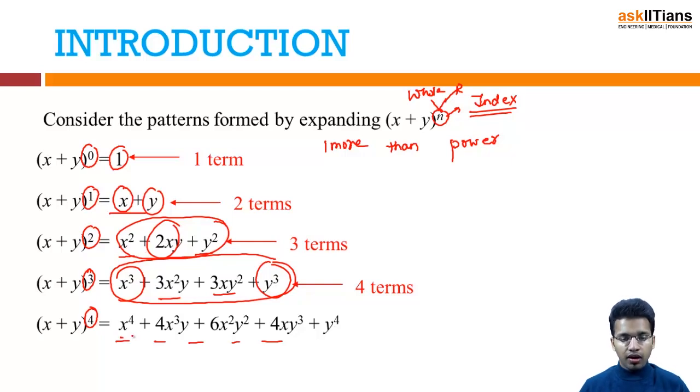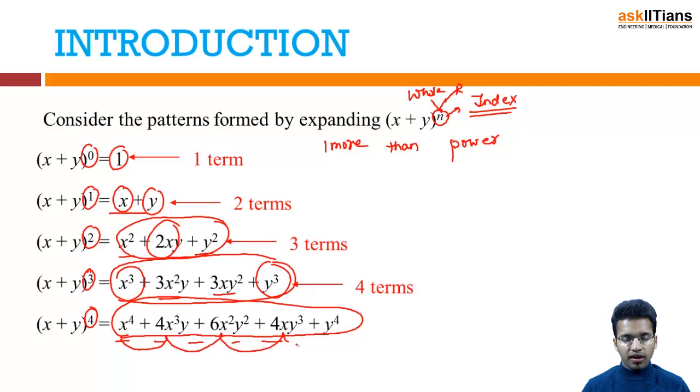Now, here it further clarifies that as you're going from x cube to x square to x, there is some symmetry. Like for y to the 4 and x to the 4, the coefficients are the same. X cube and y cube coefficients are again the same. X square y square has the highest coefficient. So again, we are going to exploit this pattern.